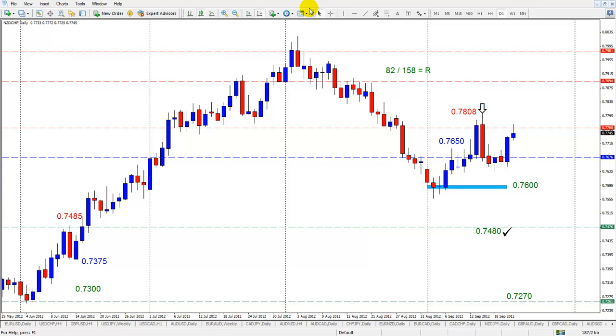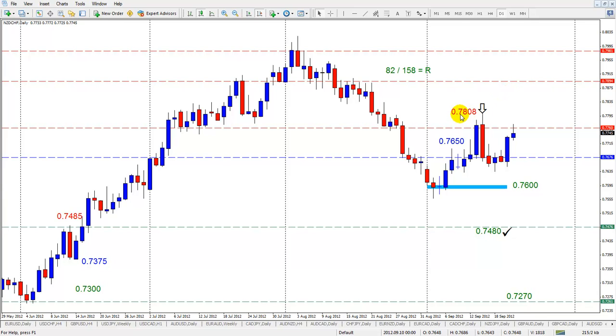Now, even though I lost 82 pips on this trade, I didn't lose the full amount that I had at risk at the beginning. So let's say that I had 1% at risk, then that means that I only lost 0.5%, or actually 0.51% to be precise.